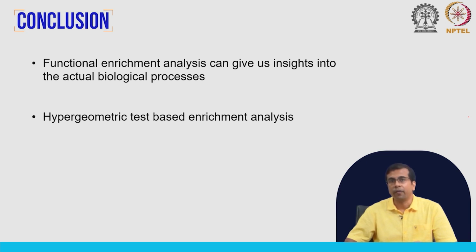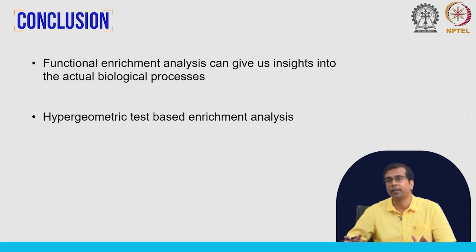We have talked about two different approaches. The first one is hypergeometric test based enrichment analysis, where we assume a hypergeometric distribution, so we are assuming a sampling without replacement scenario. The idea is very simple. We talked about a list of differentially expressed genes.